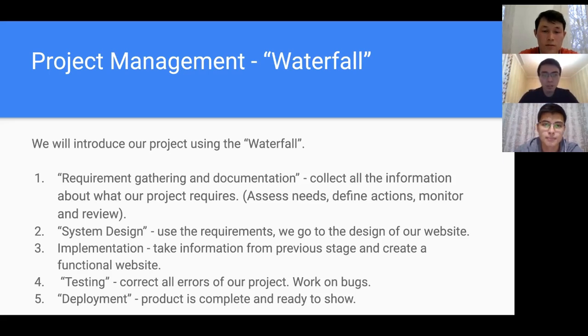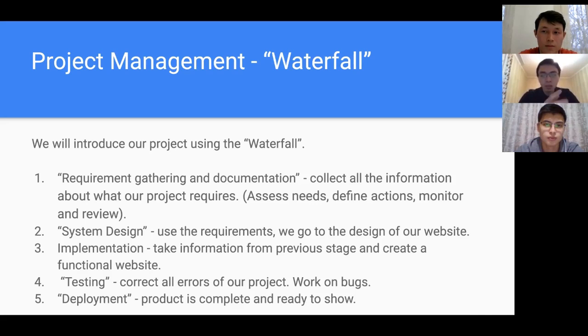The first stage is requirement gathering and documentation. Here we collect all the information about our project requirements, that is assess needs, define actions, monitor and review. The second stage is system design.